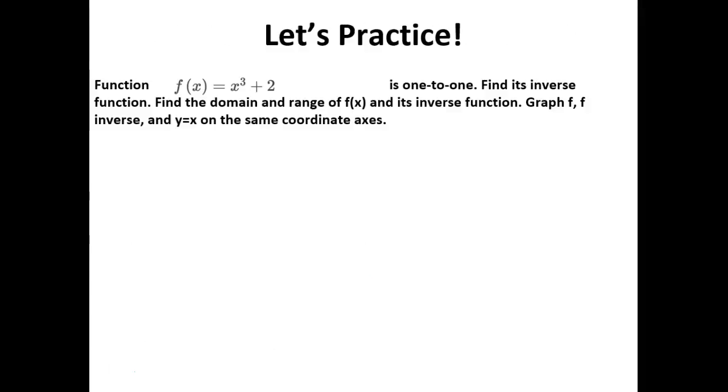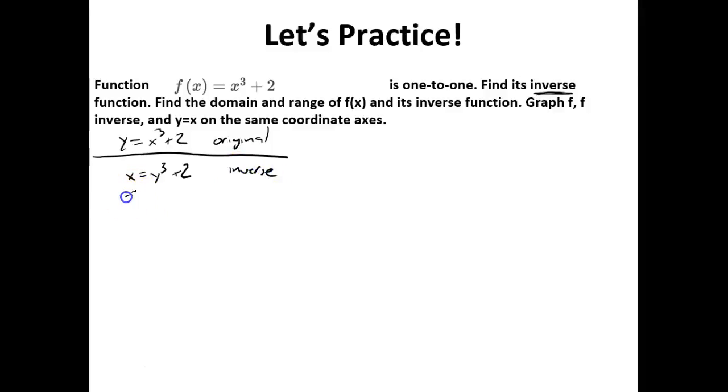So, another example. We're told that this function f of x equals x cubed plus 2 is one-to-one. Find its inverse. Well, to find its inverse, the original function would be f of x, or y, equals x cubed plus 2. This is the original. Then, to find the inverse, we swap the x's and the y's. x equals y cubed plus 2. This is now our inverse, and we are going to solve for y.